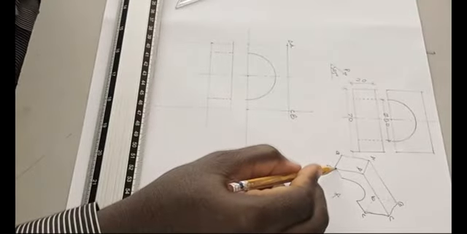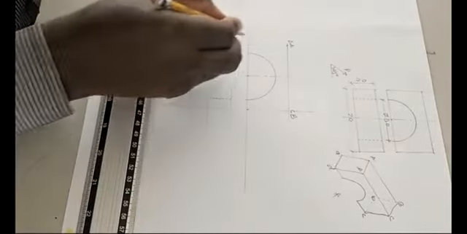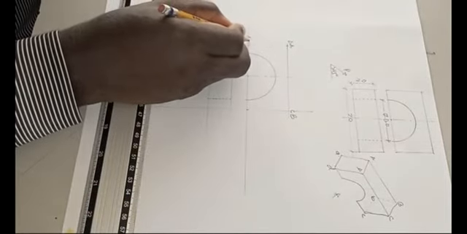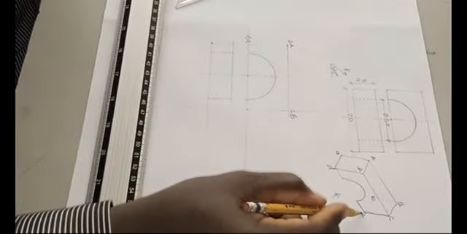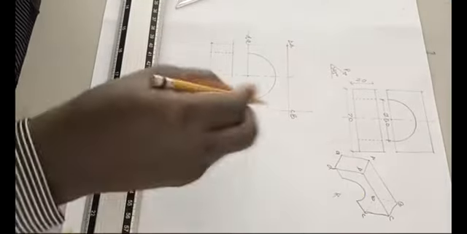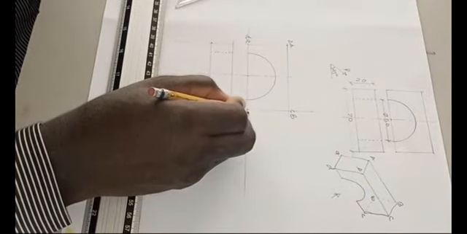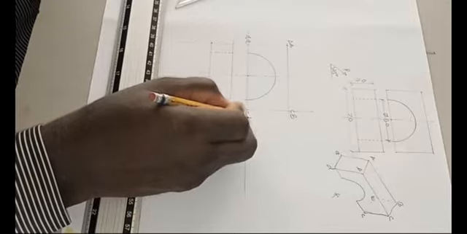Here under, we have small letter d in the front and small letter a at the back. And this corner we have small letter c in the front and small letter b at the back.